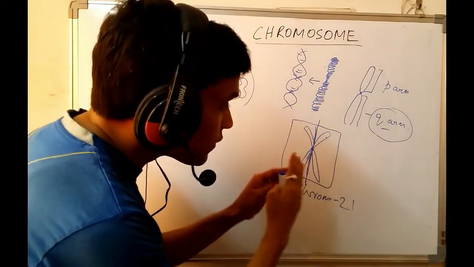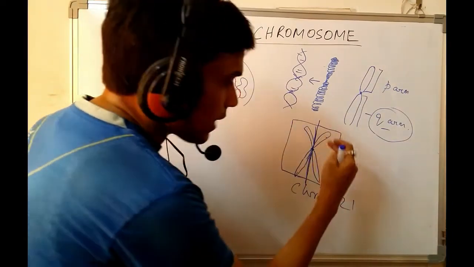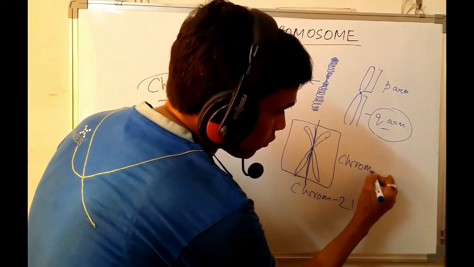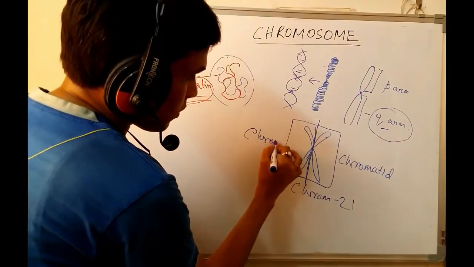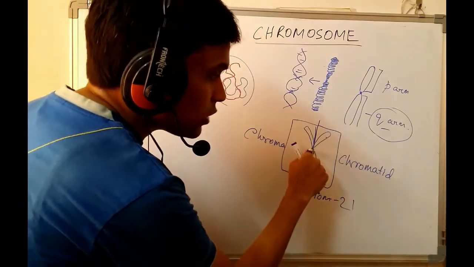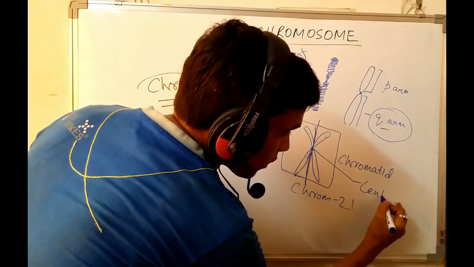After replication you can say this half is a chromatid and this is another chromatid, held together by the structure called the centromere. This one is called the centromere.